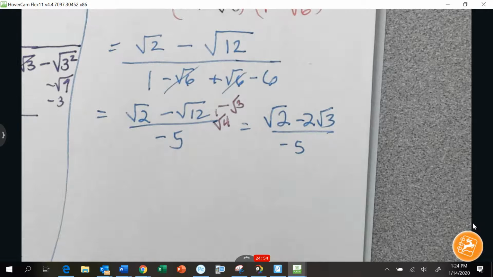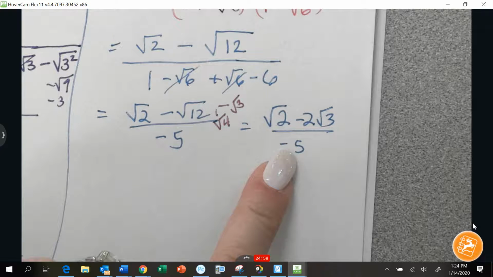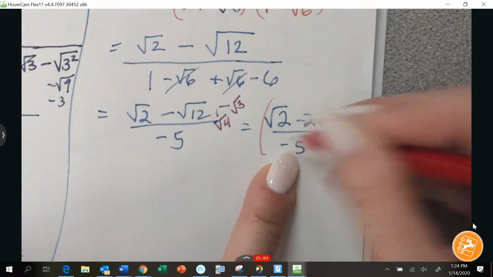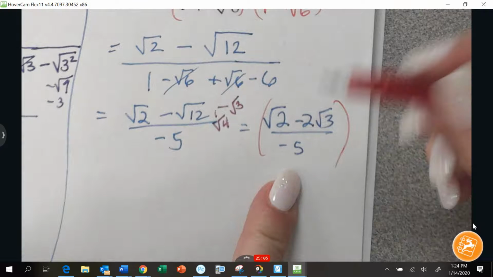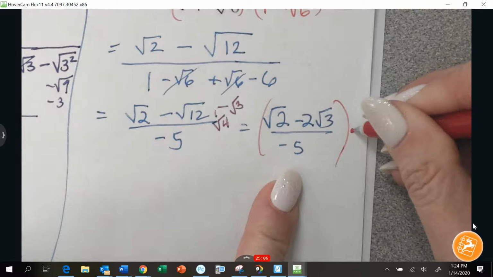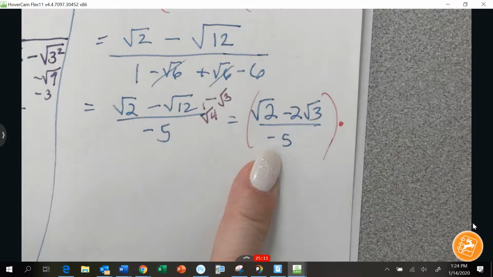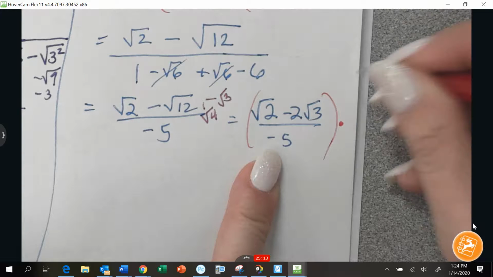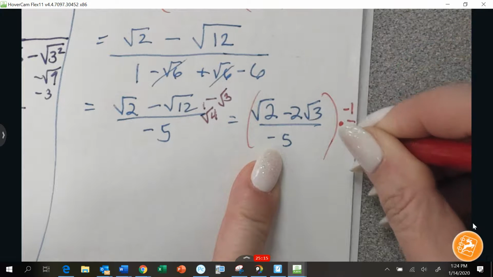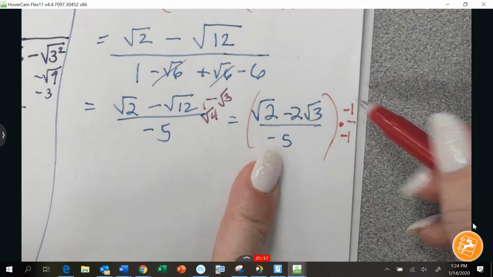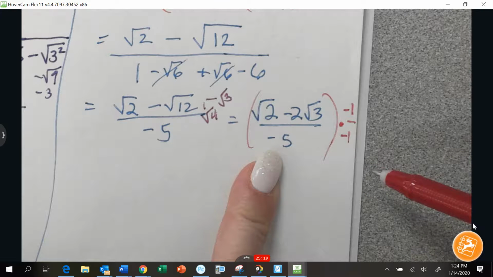My second step says the denominator has to be positive. It's not. So we've done this before when we were doing quadratic formula. You're going to have to multiply by a value of 1 that makes it not negative. What makes this number not negative? Okay, so I'm going to multiply by -1 over -1 because it has to be a value of 1 that I multiply by.